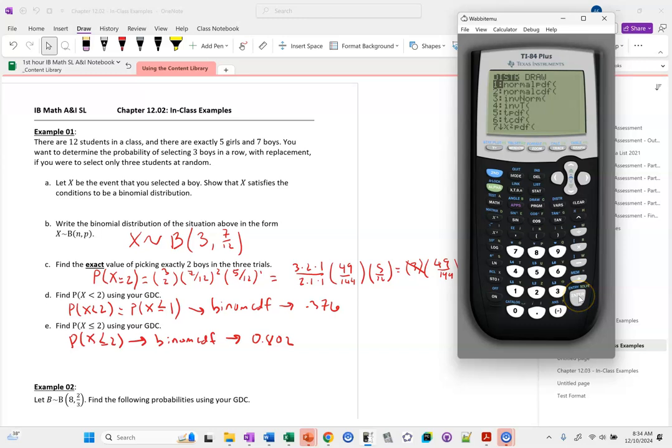So for example, if I wanted to do part C, I would do a PDF.